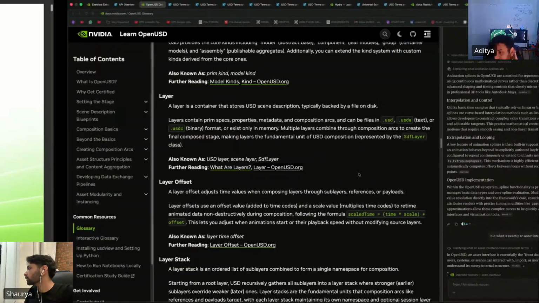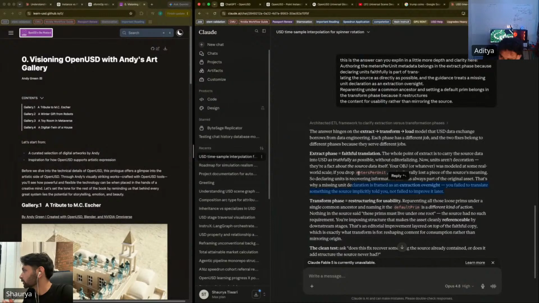And the second option is reparenting. Okay, transform phase is restructuring for usability. This was right. Reparenting all those loose prims under a single common ancestor and naming it the default prim is a different kind of action.